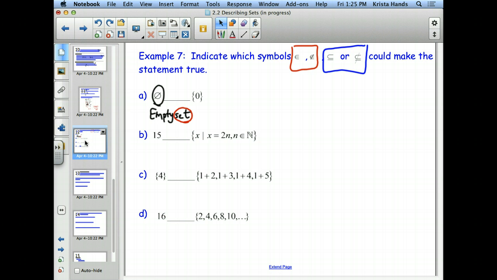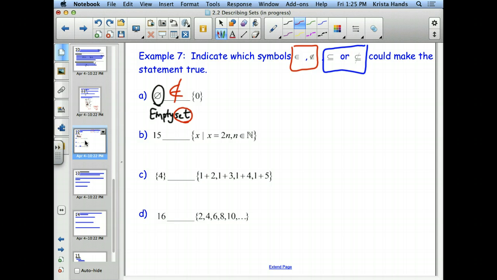Sets are not elements. They're sets. Okay? So the symbol that has to go between this by default is the symbol that looks like this, because the first thing in the description isn't an element to start with. So we can't even talk about whether or not it's actually in the next set. It isn't an element. Are you guys with me? If it isn't an element, it can't be an element of anything else.